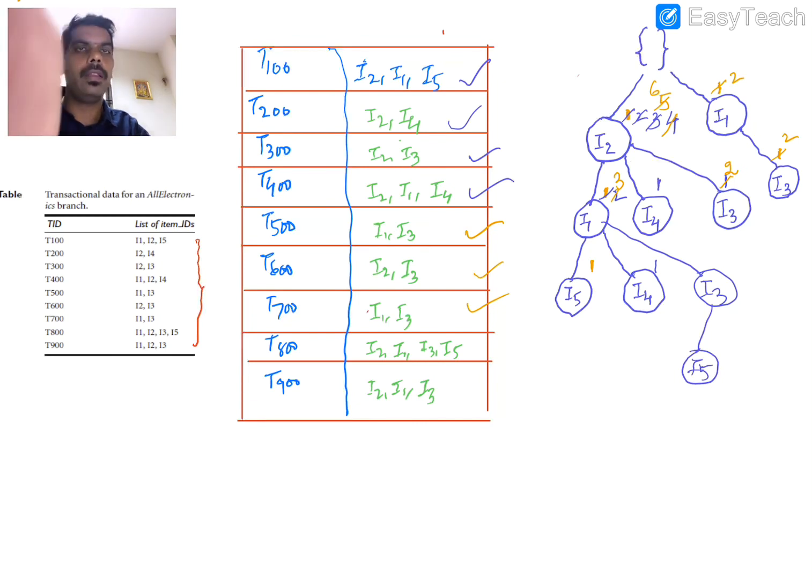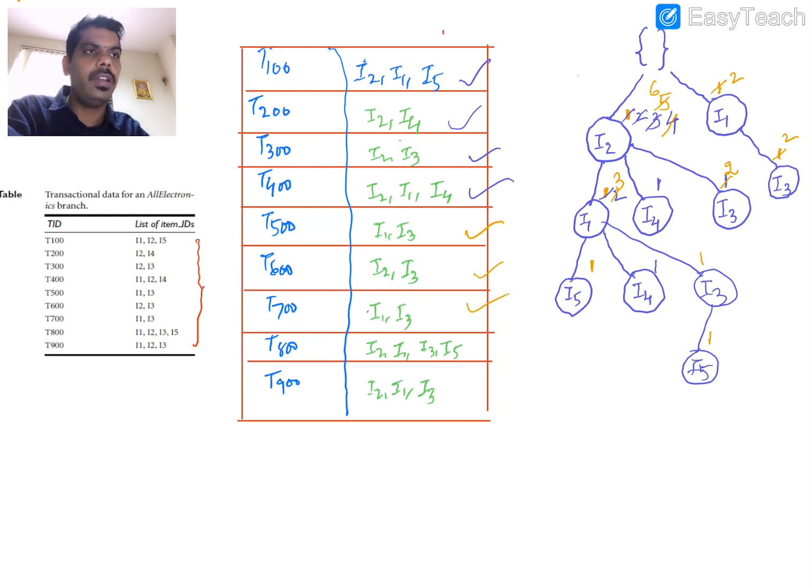Now we have to identify the frequency. I2 is incremented and I1 is incremented. Next, I3 is specified as 1, I5 1.